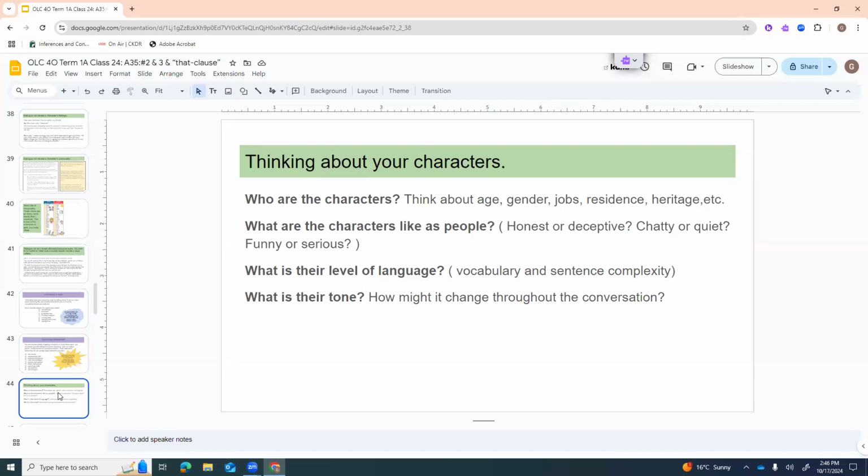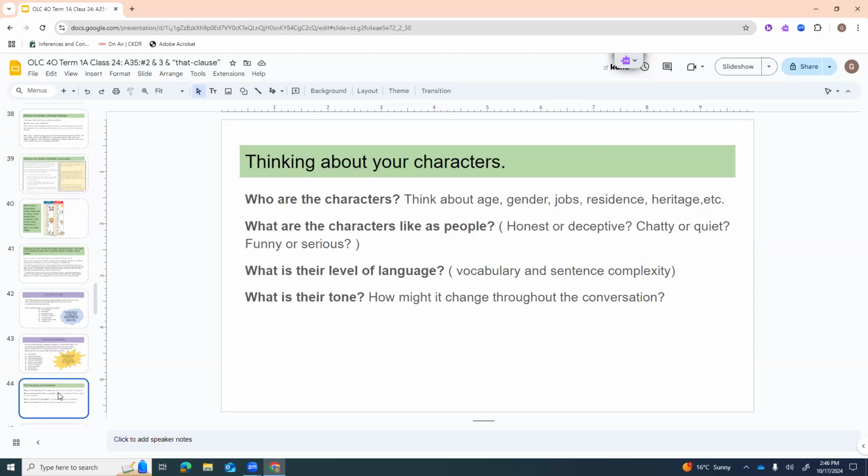What is their level of language? We've been talking about this for the last few assignments. Remember that level of language is vocabulary, like what type of words do they use, and how complex are their sentences. If you have two 10-year-olds talking to each other, you're going to be using a lot more simple vocabulary than you might with, say, a doctor talking to another doctor, right?